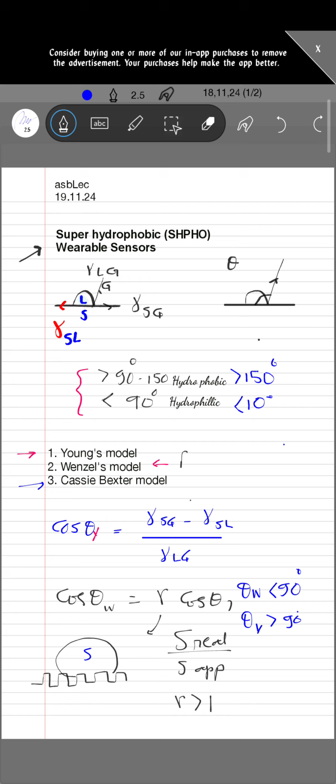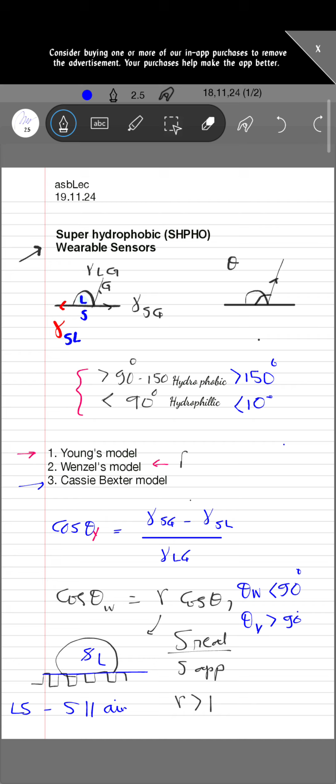So the liquid-solid surface is separated from the solid surface by air. So if this is the case, then we will assume that there is a barrier between the roughness created and the liquid droplet.